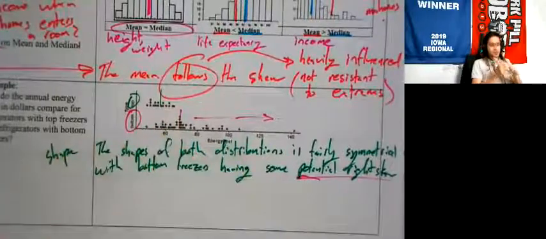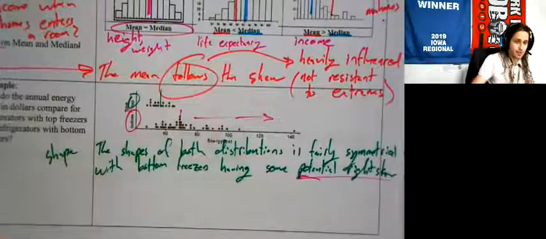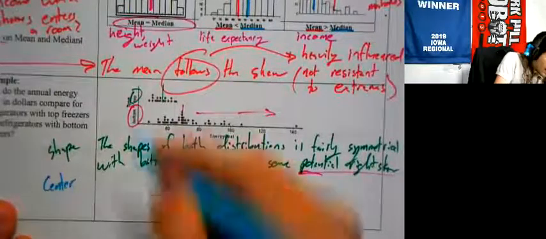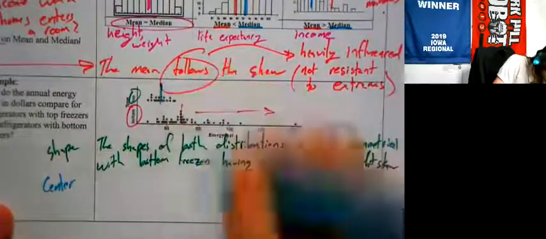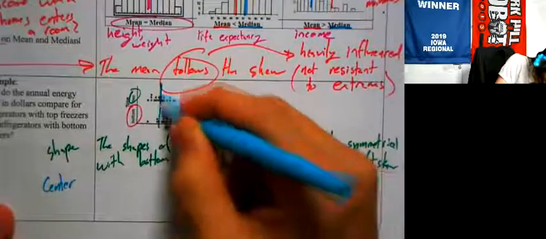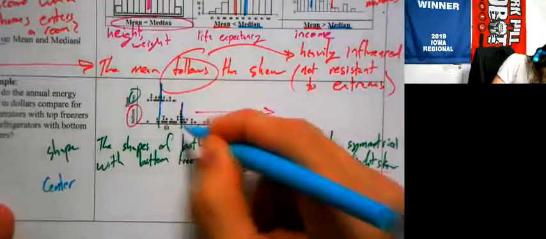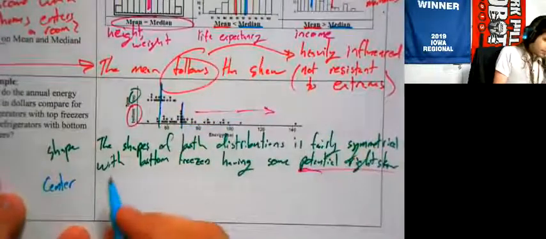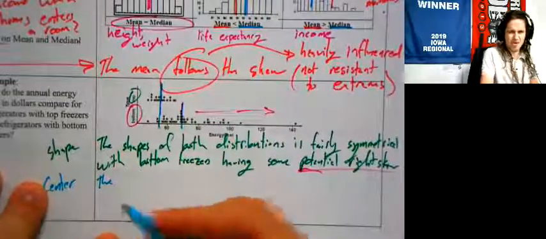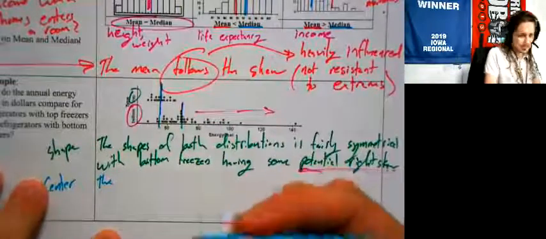Let's talk about the center next. Let's go ahead, I'll switch colors. Looks like top, I don't know, like 55. Bottom, I don't know, like 70. What am I drawing a line at? It looks about like the median.